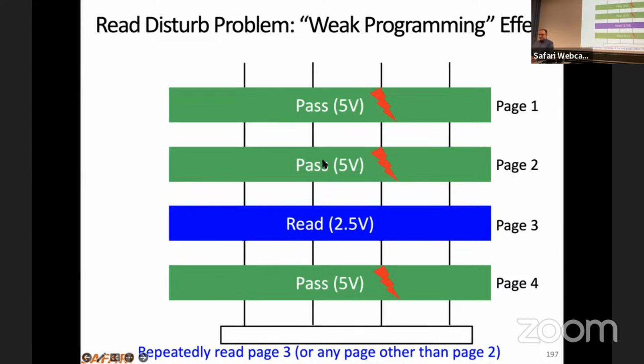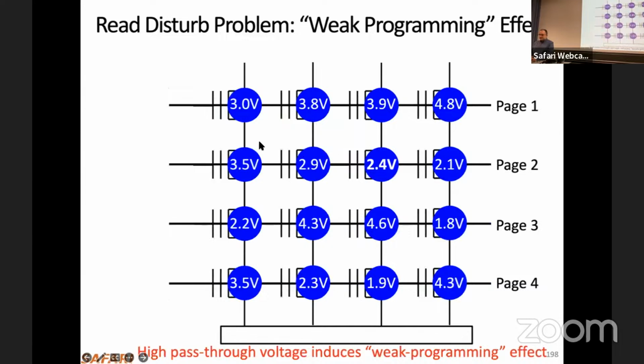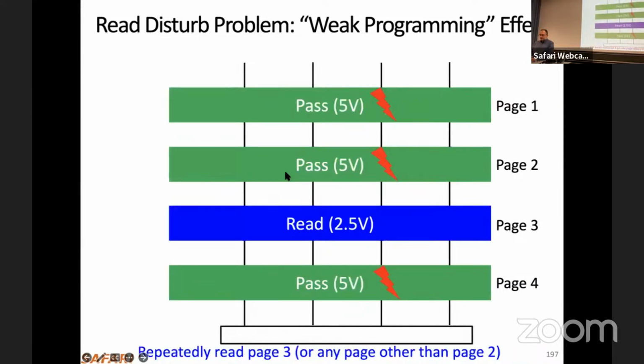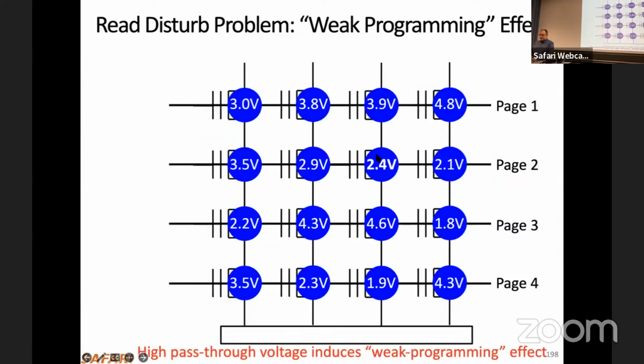But so that VPass will increase the threshold voltage of other pages. So this VPass can, for example, this 2.4 volt is the threshold voltage. Now because of VPass, it increased, for example, to 2.6.